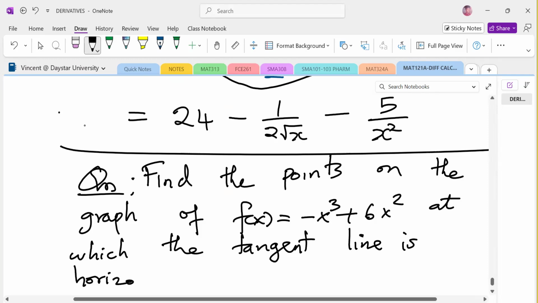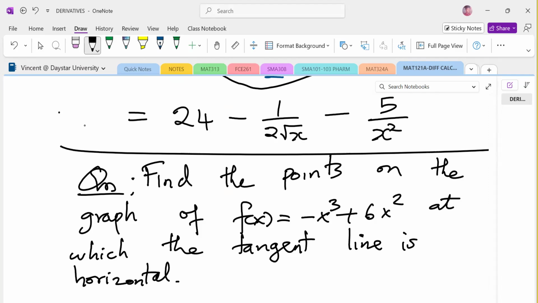That's a very good application question. So they're asking us to find points on the graph where the tangent is horizontal.